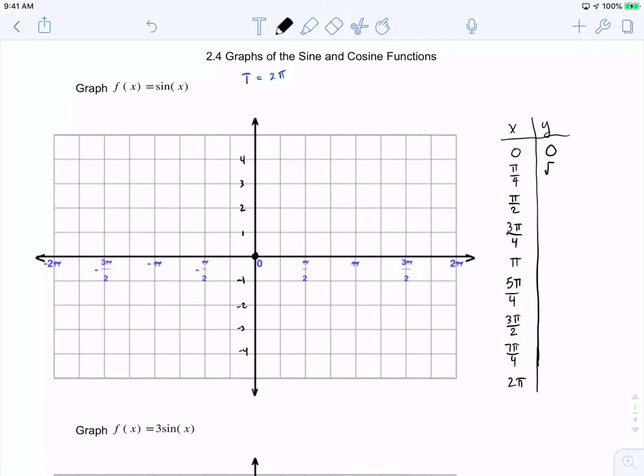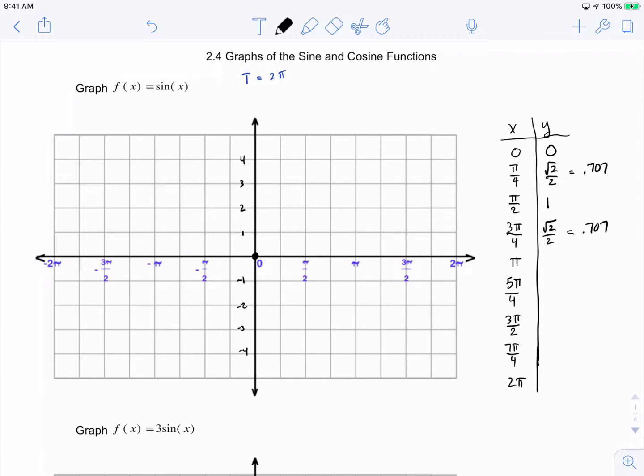Then pi over 4 is going to be radical 2 over 2, and that's approximately 0.707. We know that sine of pi over 2 is 1.